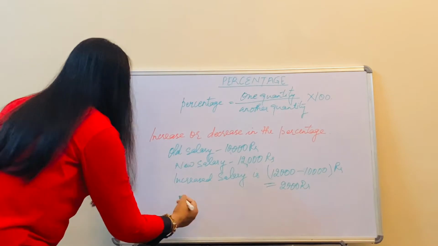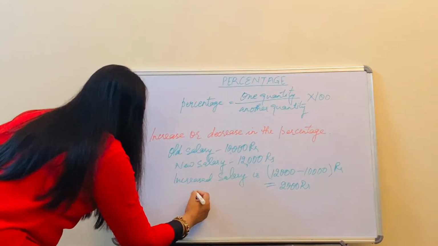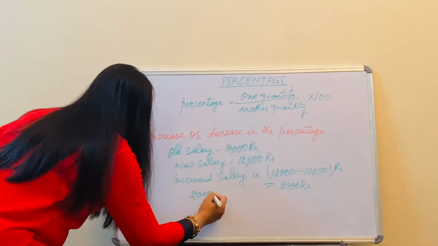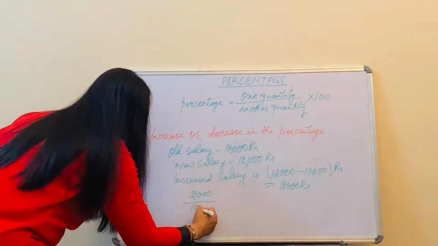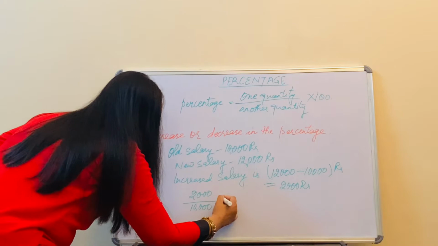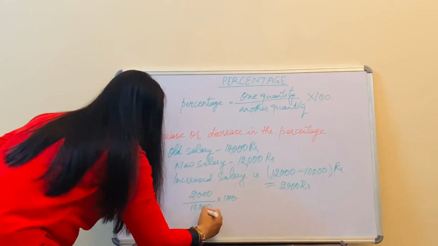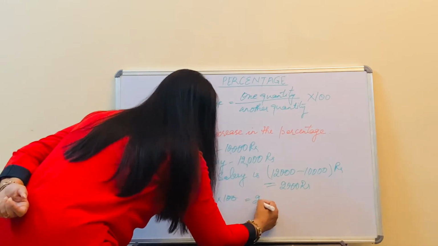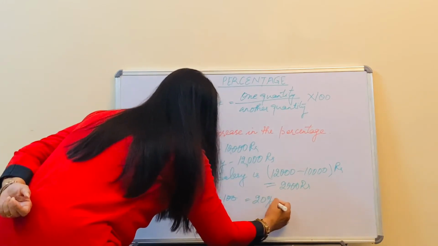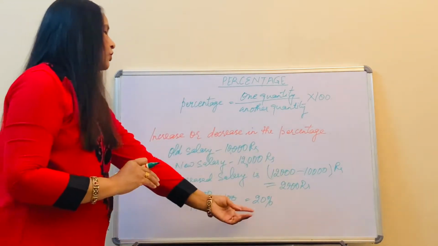For this, we have 2,000 rupees, that is your increased salary, divided by the original salary, which was 10,000 rupees, multiplied by 100. Cancelling out the zeros, we get 20. So there is an increase of 20% in your salary.